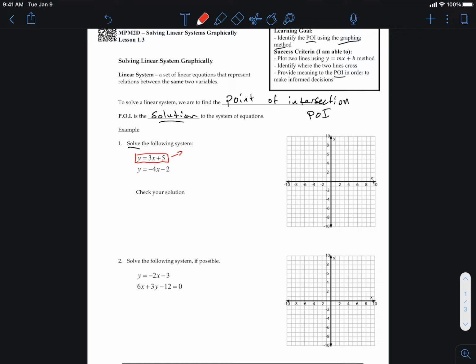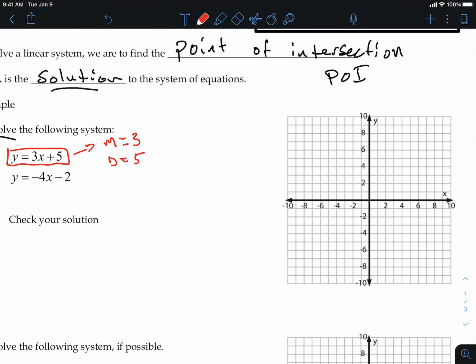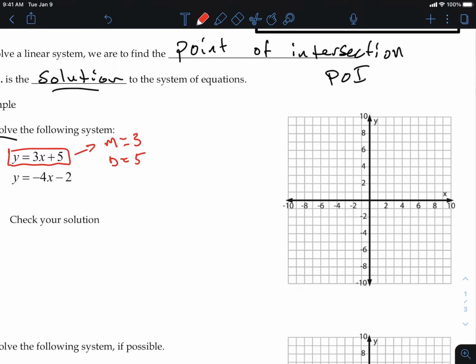With the first one, my m value is 3 and my b value is 5. That just means I'm starting at 5. So my y-intercept is 5, so I'm going to go to my grid. Here's my starting point for the red line.